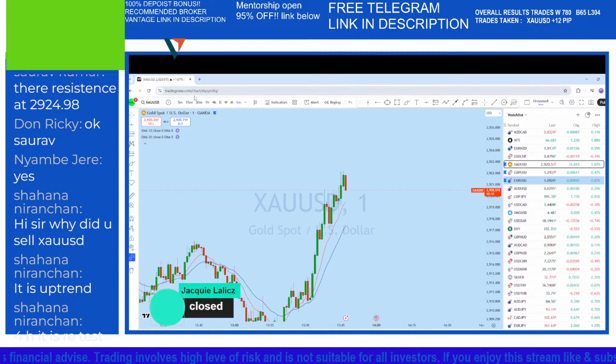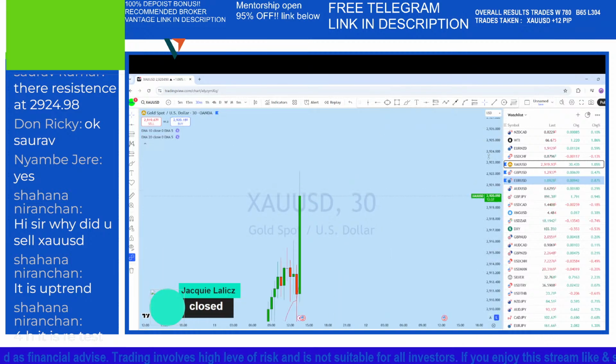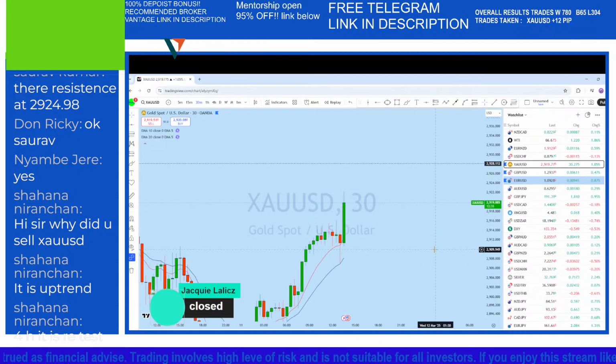Now we could see a potential break of structure.